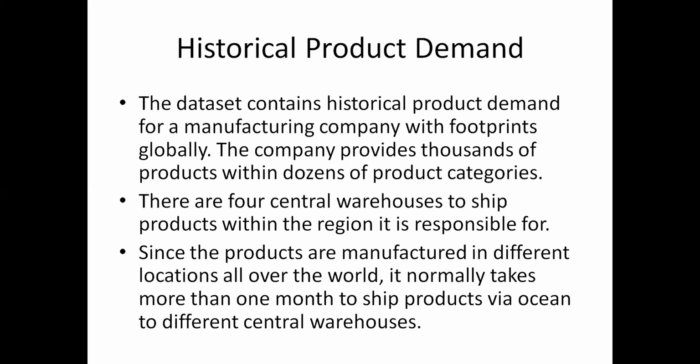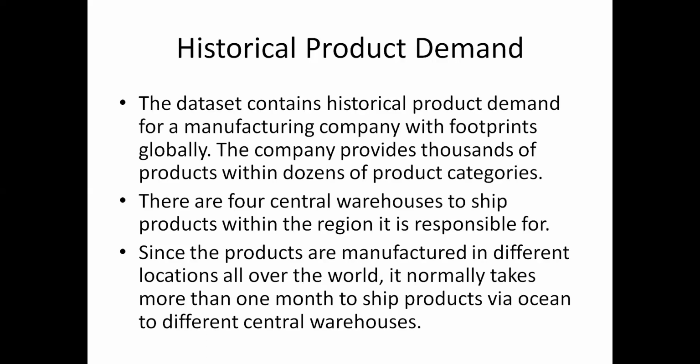So now here's the situation given to us: there's a company which is involved in global manufacturing and distribution of its products. We're dealing in lots of varieties of product categories. It does have central warehouses, 4 in total, which are responsible for their region, for distribution and all.